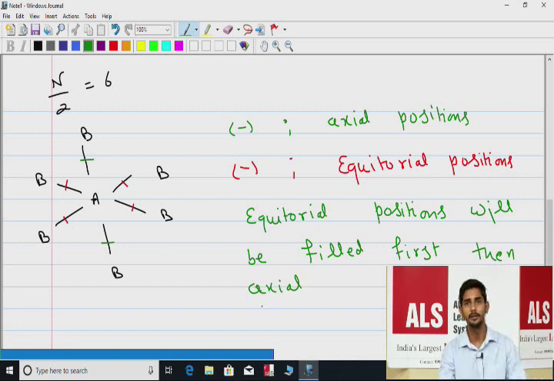Okay, here this rule we have to follow. Just copy this one and then we'll discuss a few examples based on this one. Copy.